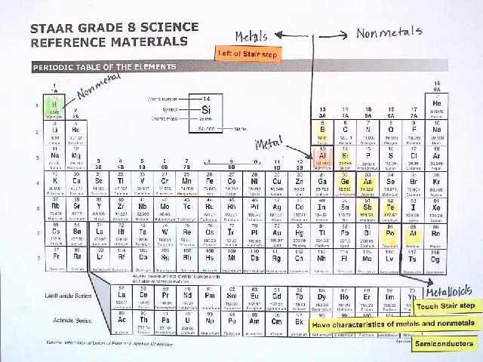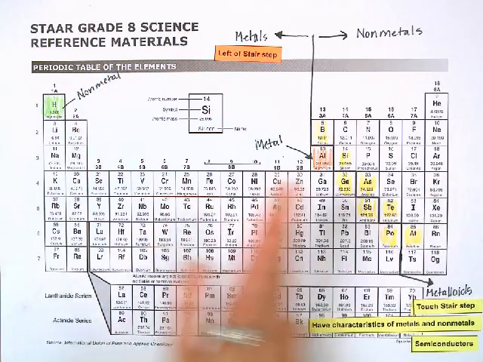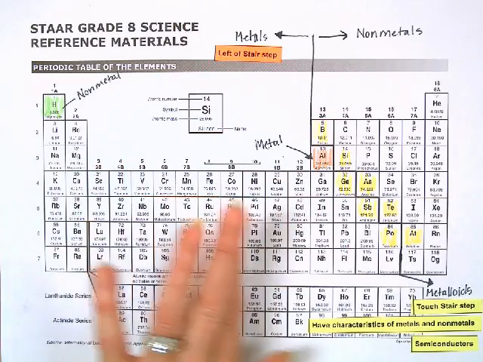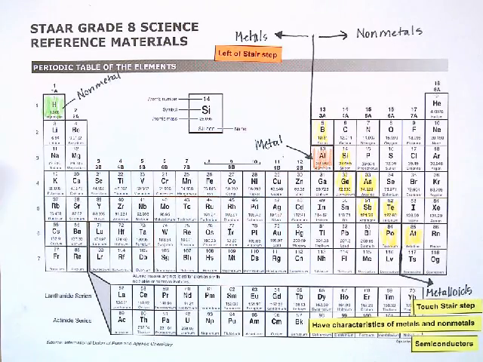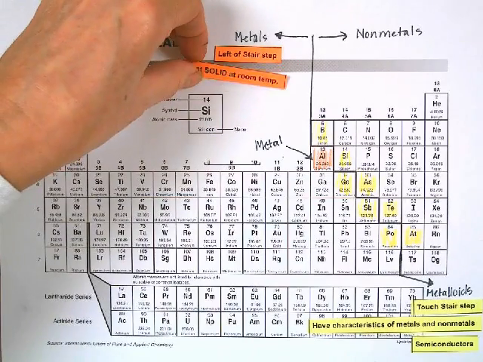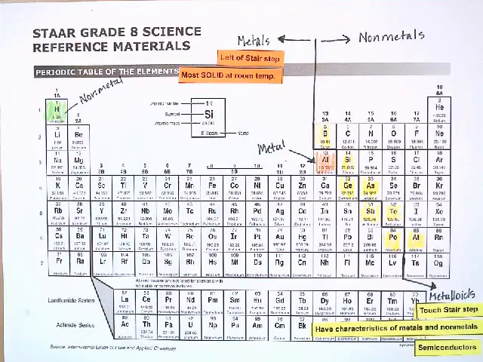But all of these other ones, all the way from aluminum and all the way from the yellow over, are all metals. What are some of the characteristics of metals? Well, most of them, actually all but one of them, are solid at room temperature. So, solid at room temperature.